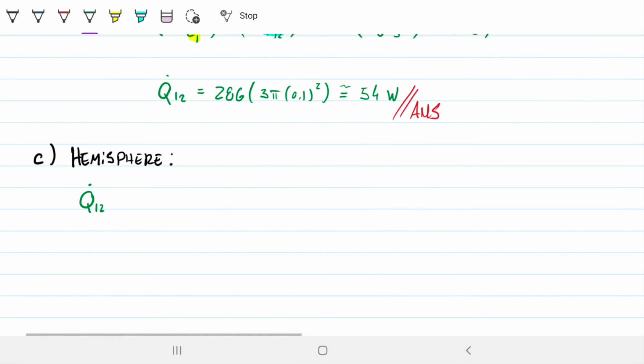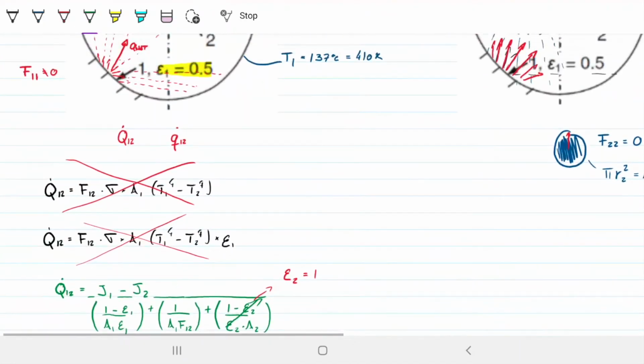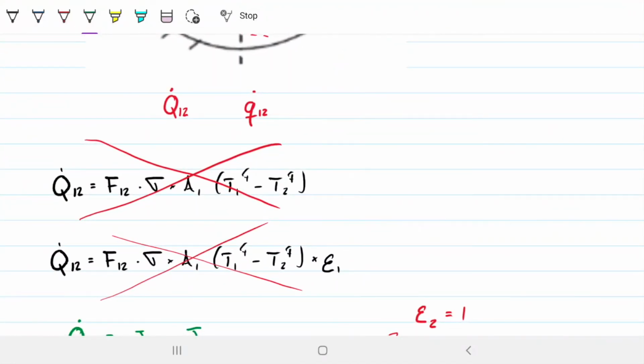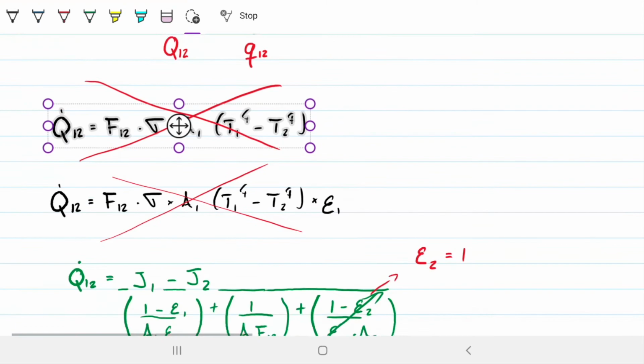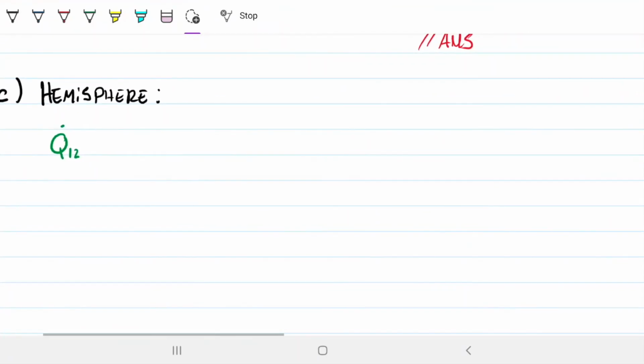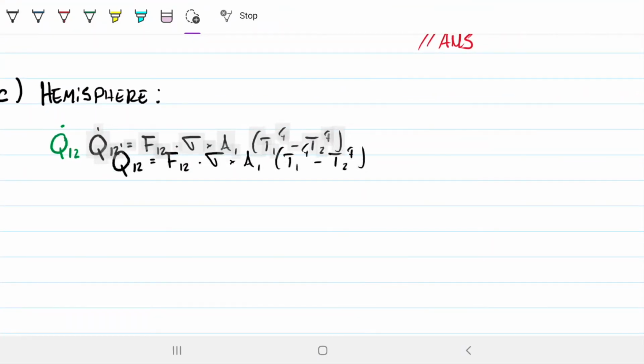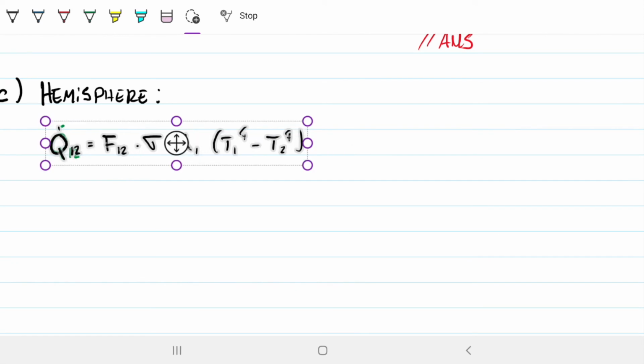In the first case, if this is a black body now, what changes? Well, if you remember, if it's a black body, not a gray body anymore, then we can use this analysis, the simple one. So Q12 becomes, let's see how close my handwriting matches up, just this.